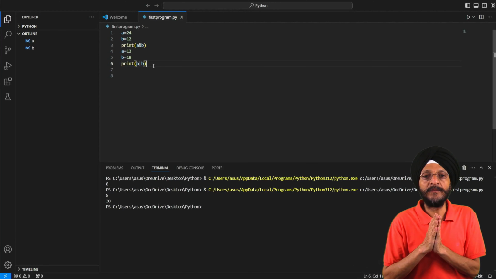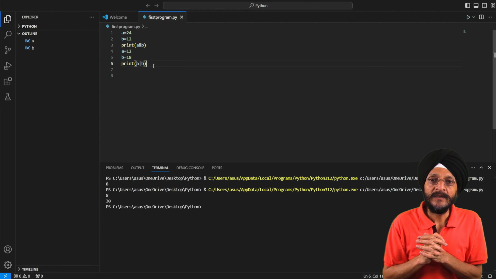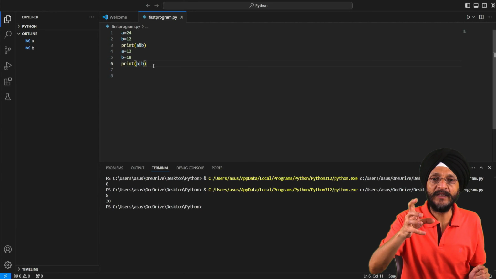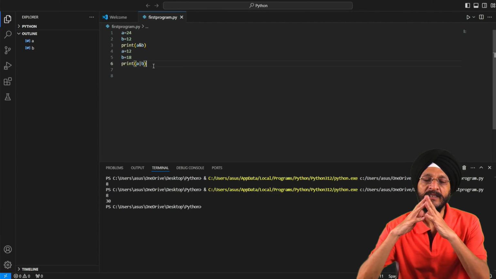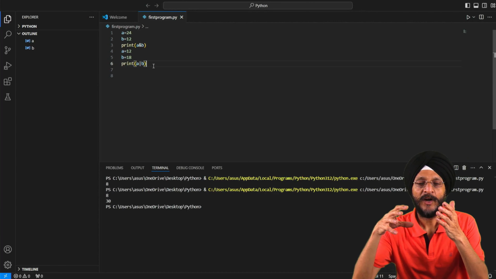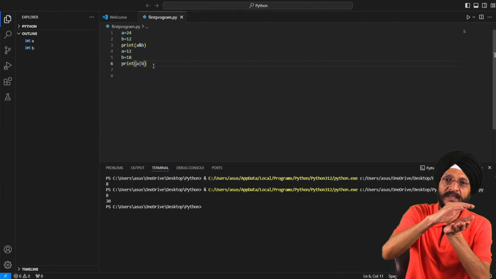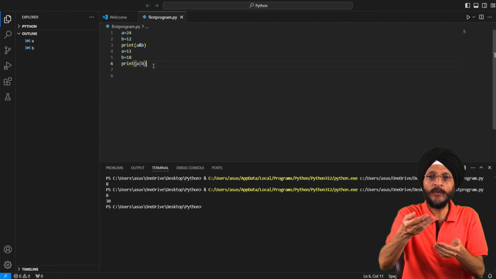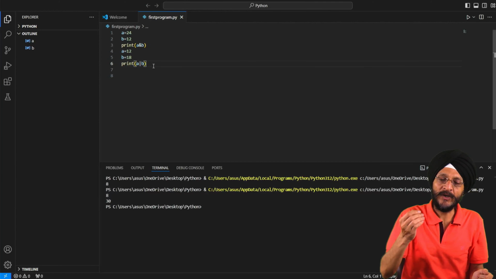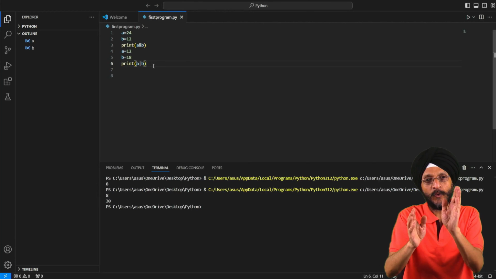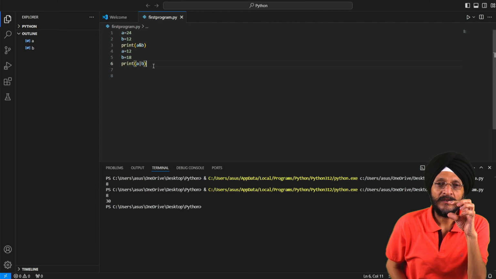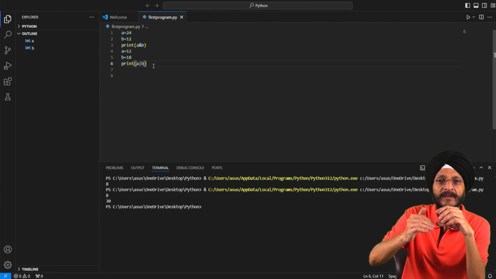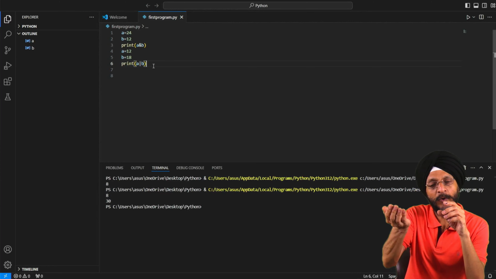The computer system, that is the Python interpreter, automatically does the internal working: how it converts a number into binary number, whether it has to convert 0 into 1 or 1 into 0, or compare both the bits of A and B, whether it is to be converted into 1 or into 0.